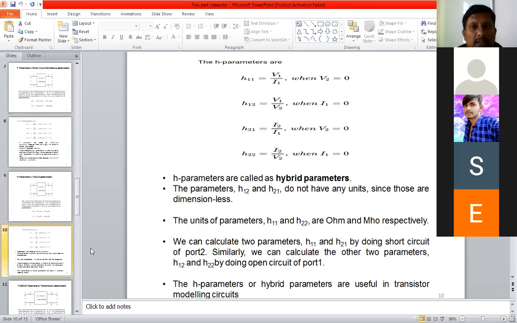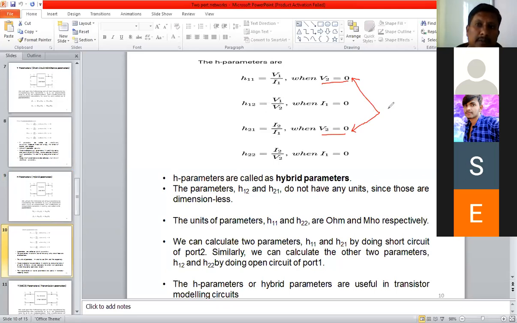So how to find out these parameters? As usual, when we make V2 zero, practically what are we doing? V2 0 म्हणजे याचा अर्थ काय? V2 is the second port voltage variable.